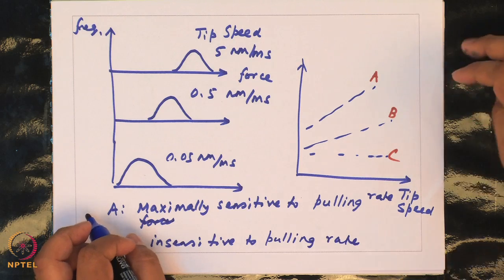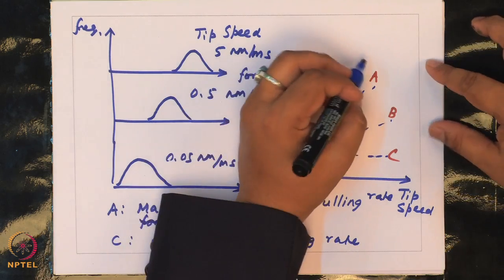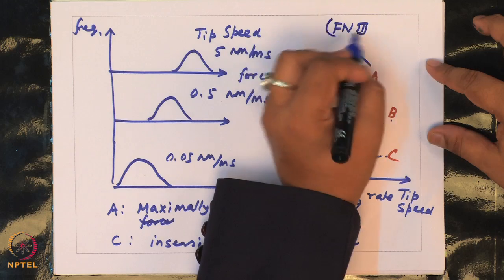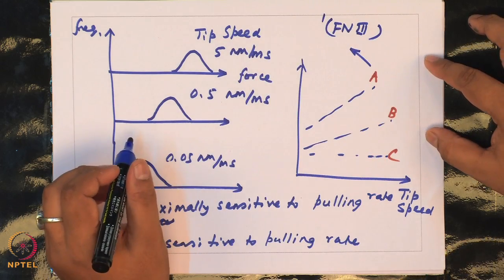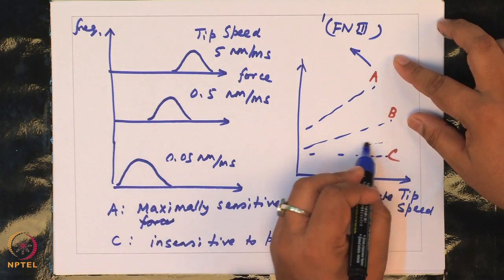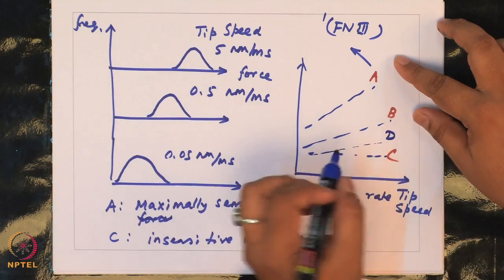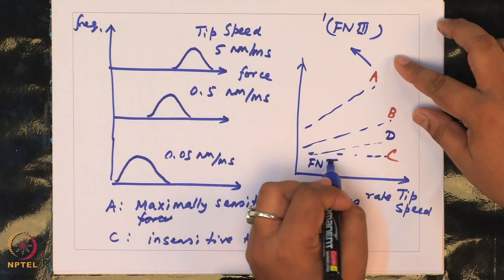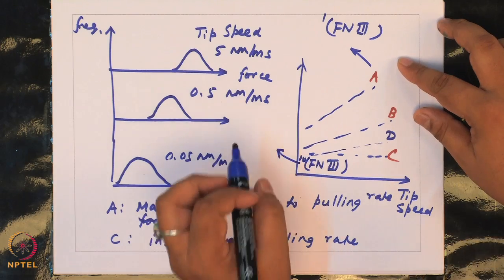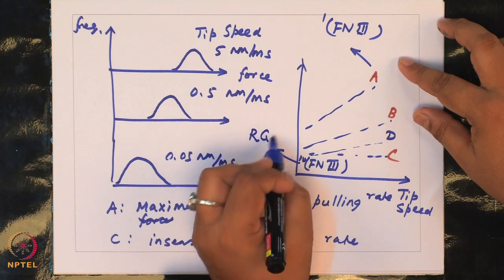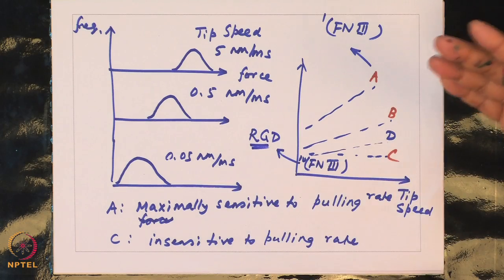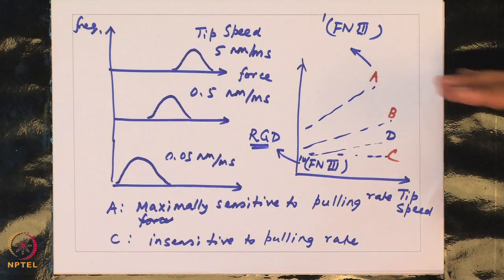For the case of fibronectin, for example, it has been observed that the first domain of FN3 is maximally sensitive to forces. The 10th domain of FN3 contains the RGD sequence, so this is on an average less sensitive to pulling forces.